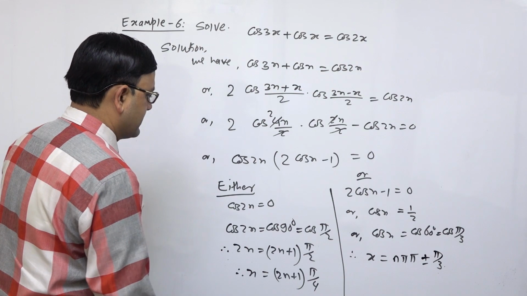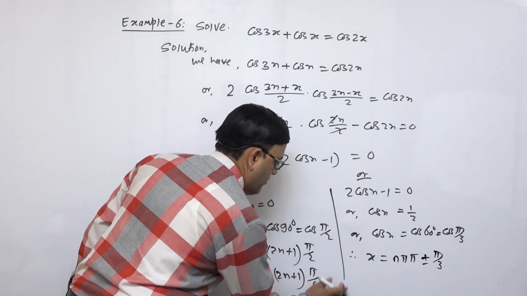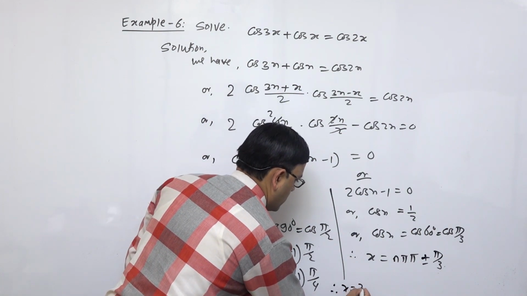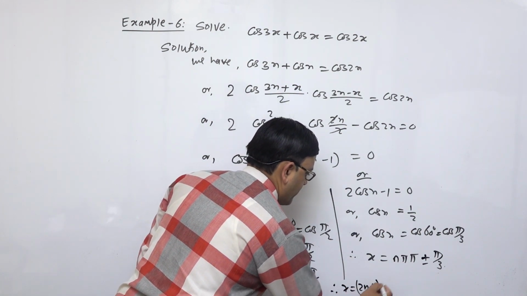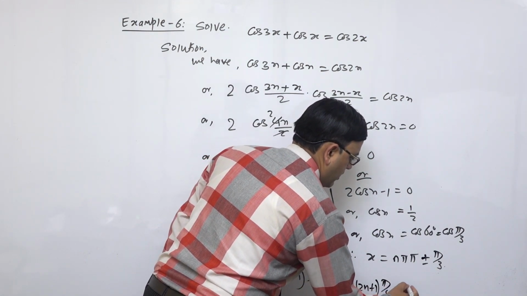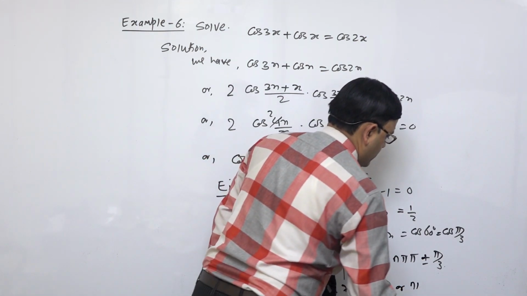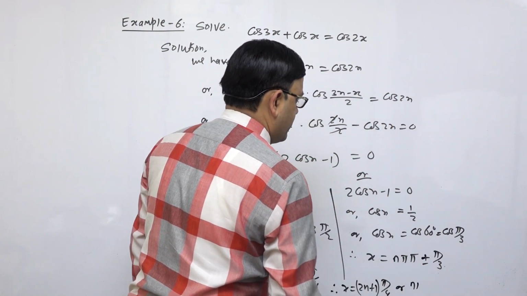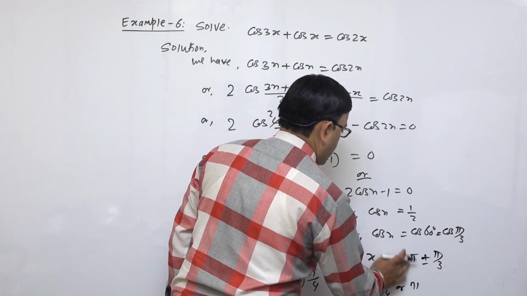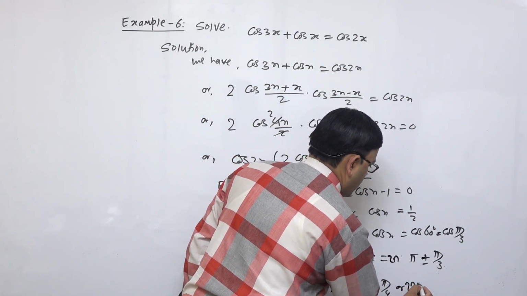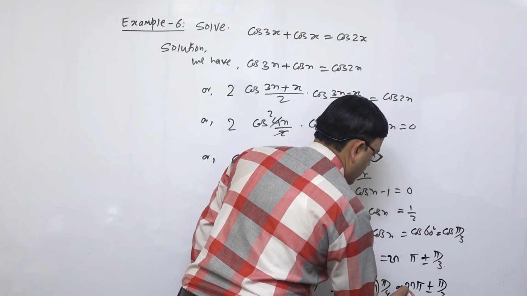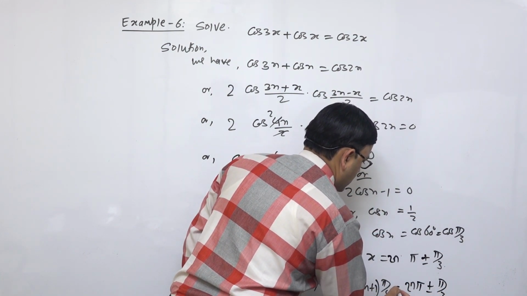Therefore we can write the answer. x is equal to (2n plus 1) times pi by 4, or x is equal to 2n pi plus minus pi by 3. This is one case and this one is another.